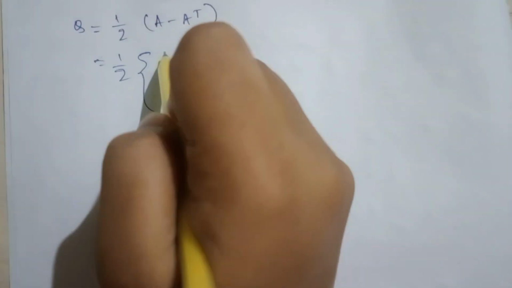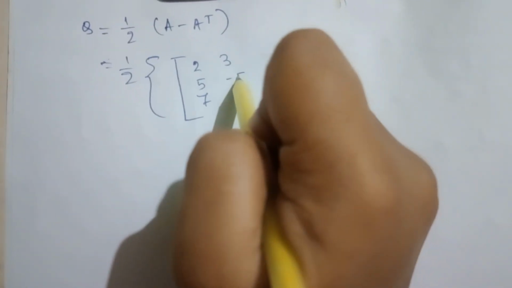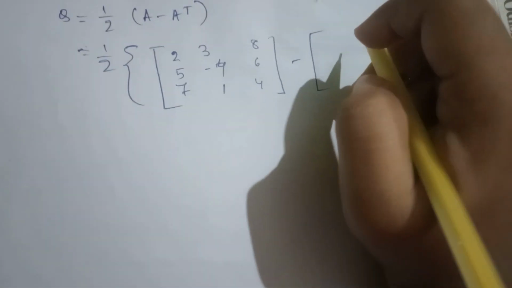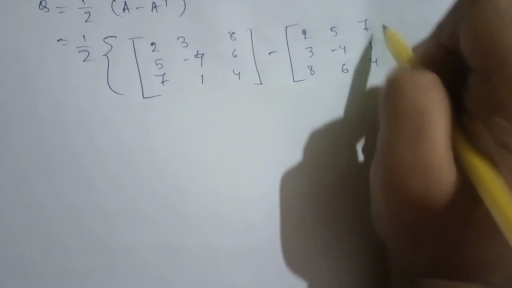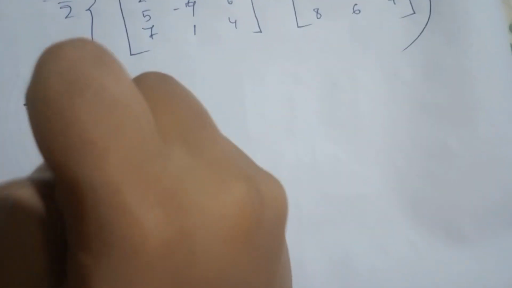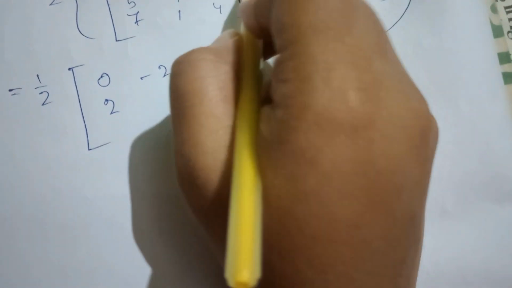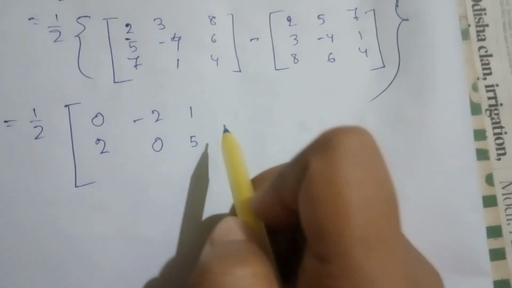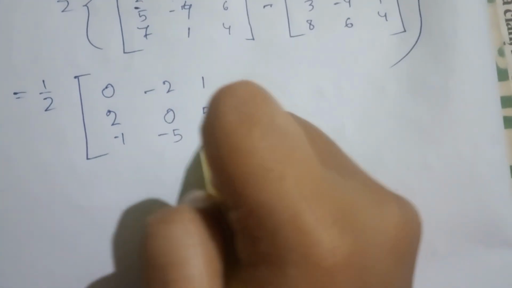Half of [2, 5, 7; 3, -4, 1; 8, 6, 4] minus [2, 3, 8; 5, -4, 6; 7, 1, 4]. That gives half of [0, 2, -1; -2, 0, -5; 1, 5, 0]... that is, 2 minus 2 is 0, 5 minus 3 is 2, 7 minus 8 is -1, 3 minus 5 is -2, -4 minus -4 is 0, 1 minus 6 is -5, 8 minus 7 is 1, 6 minus 1 is 5, 4 minus 4 is 0.